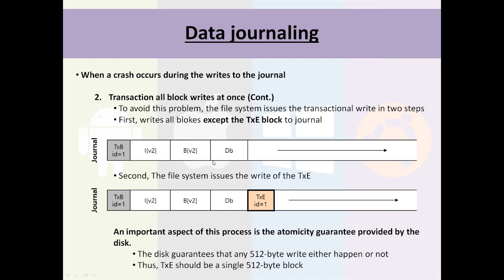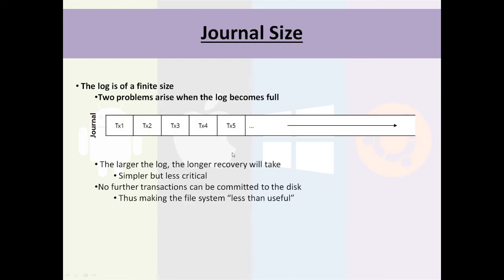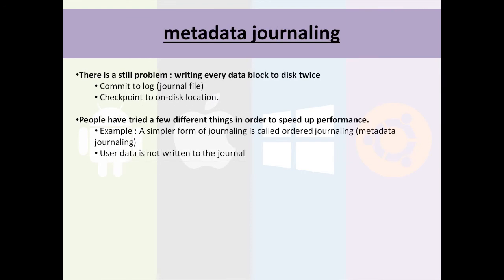When we commit it to the log, we're actually writing that data block to the journal itself as well, along with our inode and our bitmap. So this is still a problem because we're basically writing our data twice, every single time. The first to commit to the log or the journal file, and the second when we checkpoint or actually write it to an on-disk location. Now this is slightly inefficient.